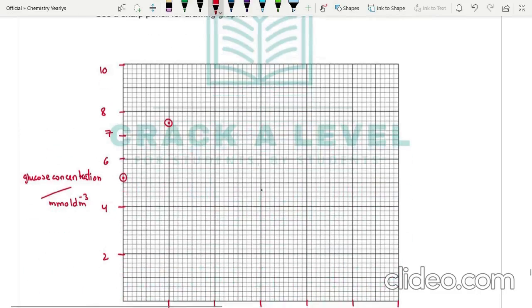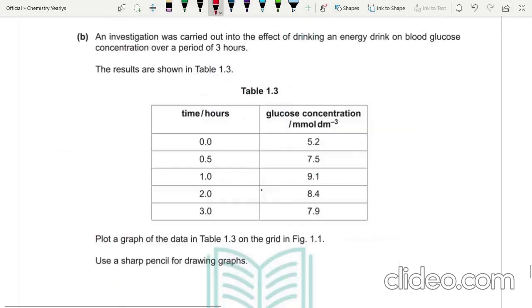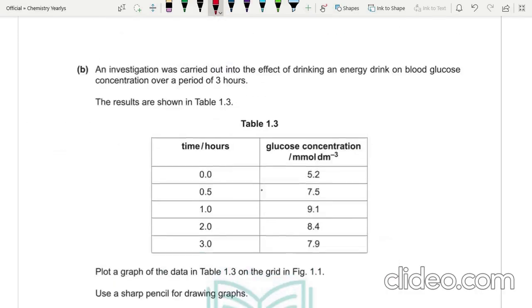Then we have 1 and 9.1. 9.1 will be about here, not here. Let me just erase this point. It will be here. Here is the 9, so it will be midway between the small boxes. This is the point of 1 and 9.1.